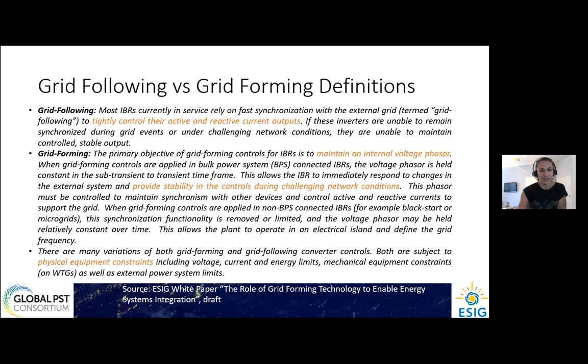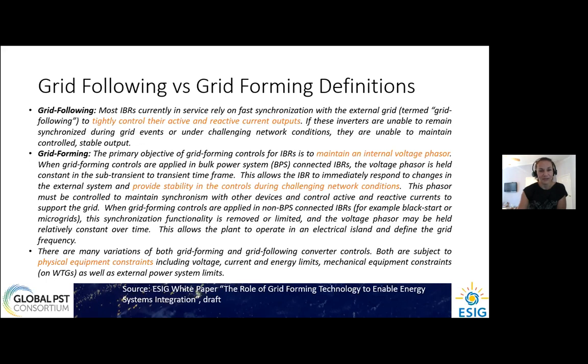Just to set the stage, I think in the previous presentations we already talked about what's grid forming and what's grid following. And I feel like we'll continue talking about it for the rest of this project, but this is the definition that we have in the white paper right now. Grid following resources are what we currently have.